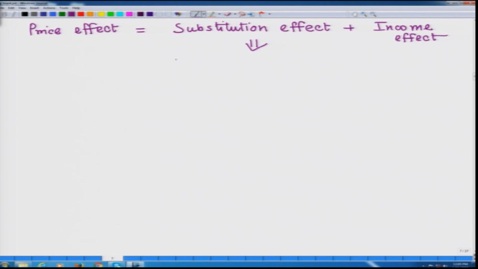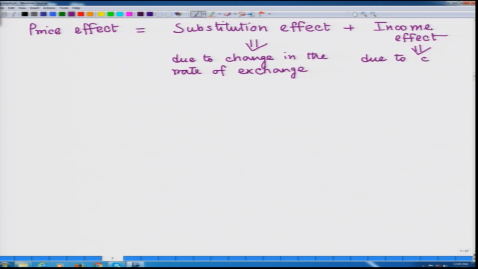This is due to the change in the rate of exchange at which the consumer can substitute one good for the other, and the income effect appears due to change in purchasing power.